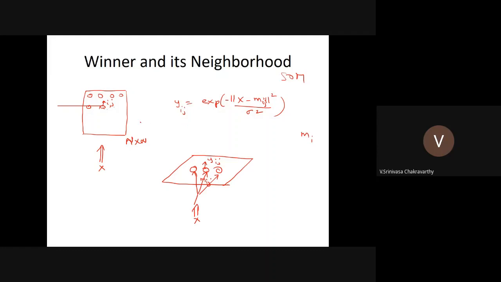Now, if you want to reproduce this map-like structure, what we want is, for a given x, I have a response at a given neuron, and let us say there is a high response at a given neuron compared to all other neurons. So when we applied the nearest neighbor criterion in case of k-means clustering, we looked at which is the nearest centroid.